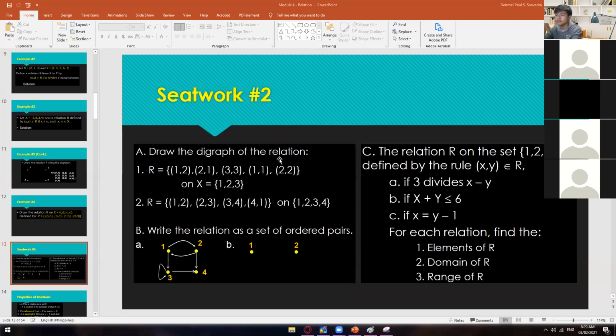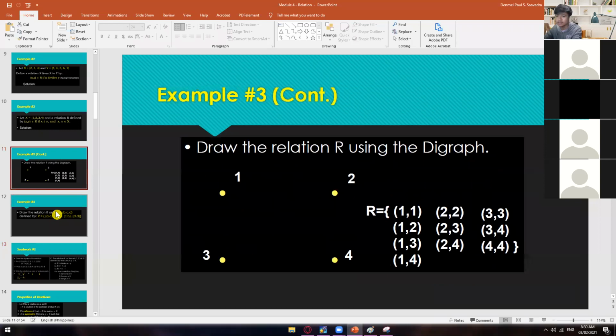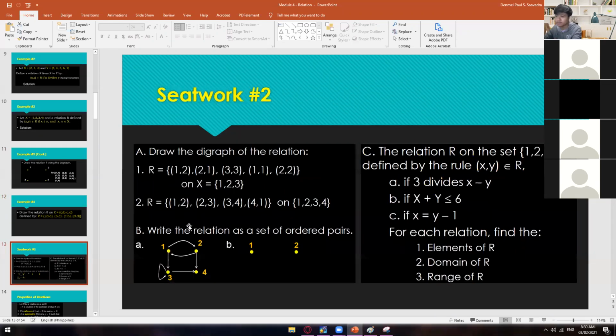All right. So once you're done understanding everything, from page 1, slide 1 to slide 12, you may now start answering Seatwork number 2. Okay, so we have letter A, letter B, and then letter C. For letter A, draw the diagram of the relation. For letter B, write the relation as a set of ordered pairs.